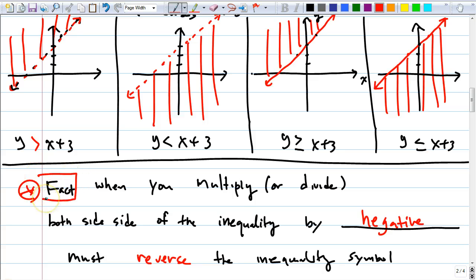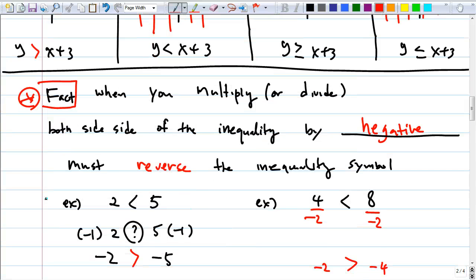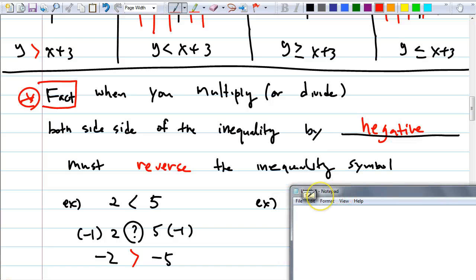For example, think about this. Example 1. I have 2 and 5. Which one is greater? 5. Let's divide both sides by negative 1. What do you get when you divide 2 and 5 by negative 1? If you divide both sides of this inequality by negative 1, is the right side still greater? No. You get negative 2 and negative 5.